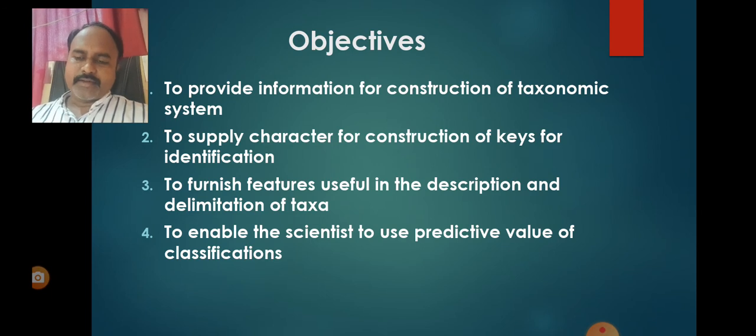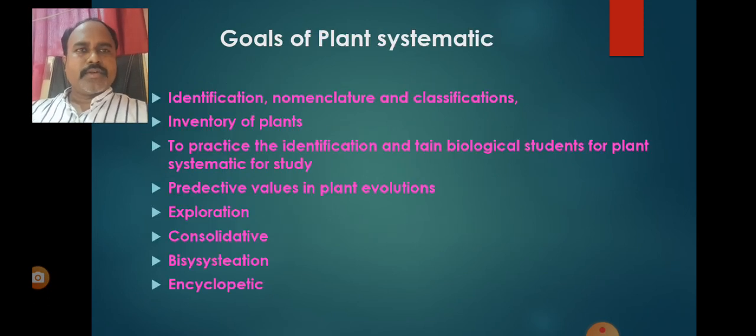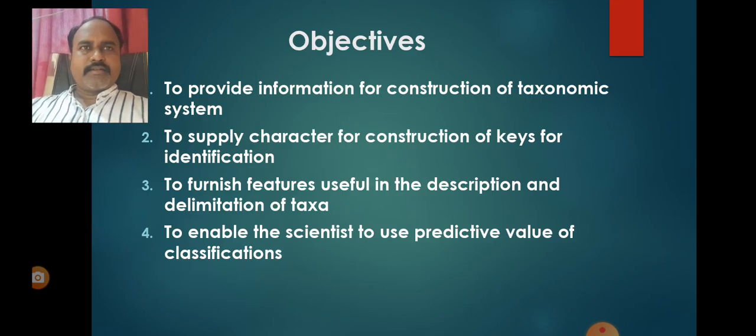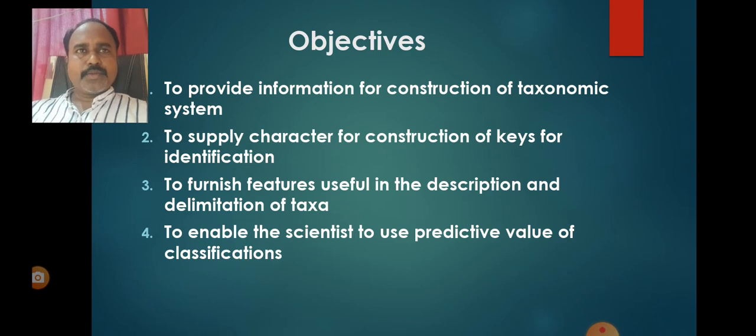In this unit, the first subunit is systematics, basically plant systematics. We have to study the objectives and goals of plant systematics. I am showing you the slide of the objectives of plant systematics. The first objective is to provide information for the construction of a taxonomic system.